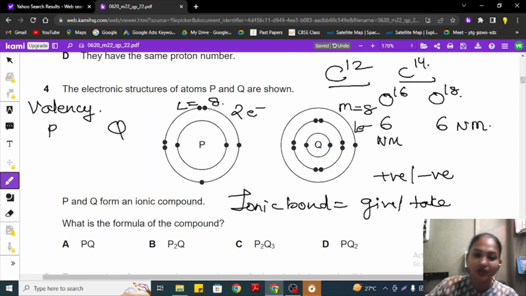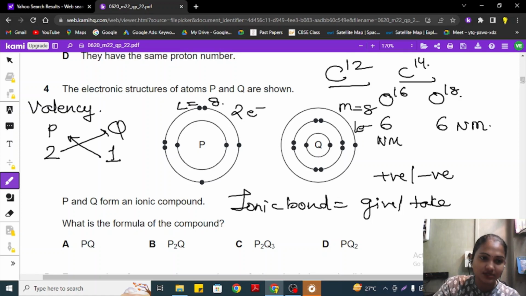So the valency for Q becomes 1, and for P it becomes 2. The electrons present in the outermost shell are valence electrons, and the combining capacity of it is valency.